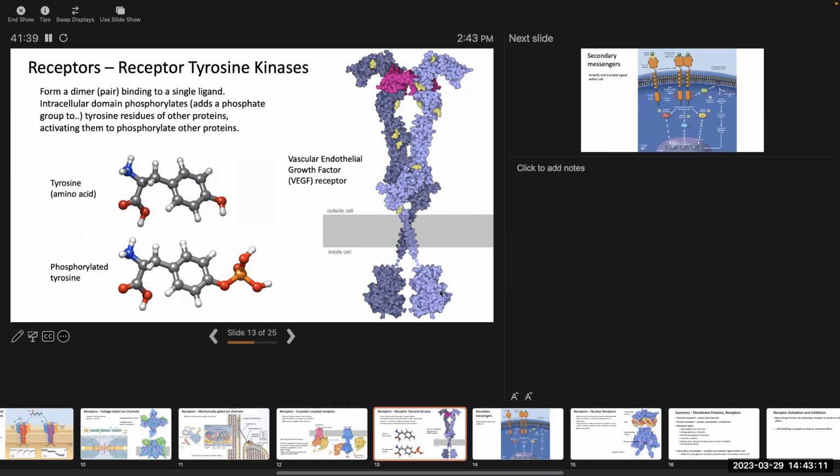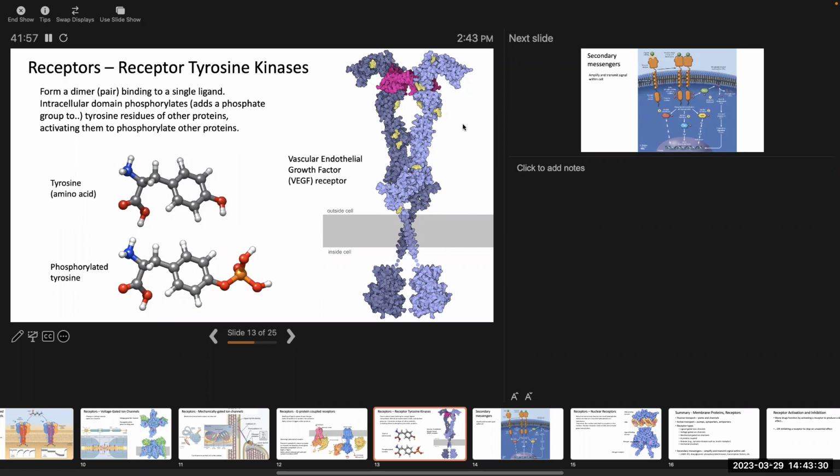But all of that light blue is part of one receptor tyrosine kinase molecule. Then the one in darker blue is another receptor tyrosine kinase molecule, again with extracellular, transmembrane, and intracellular components.